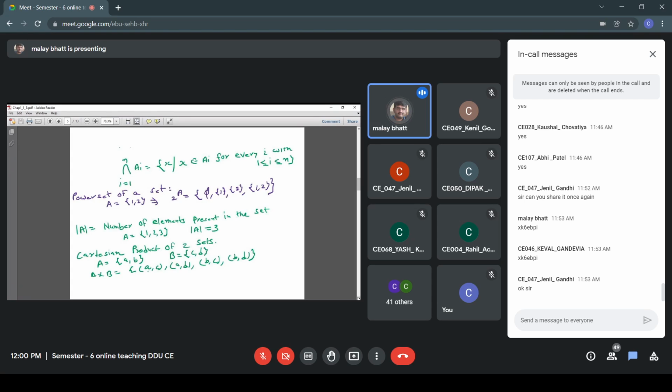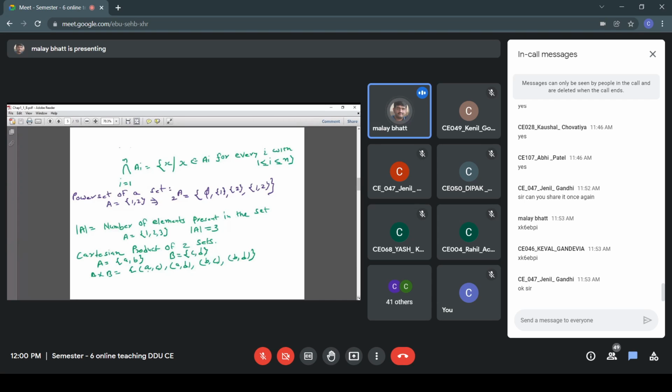Next is the Cartesian product of two sets. The Cartesian product of two sets is defined as an ordered pair. Ordering is important. So set A having two elements, a and b, set B having two elements, c and d. When you consider the Cartesian product of two sets, we have (a, c), that is one ordered pair, then (a, d), then (b, c).